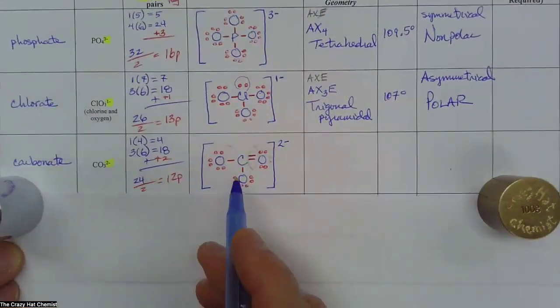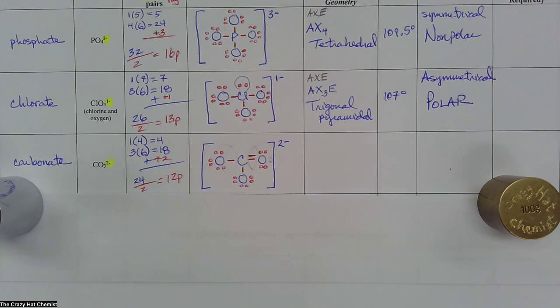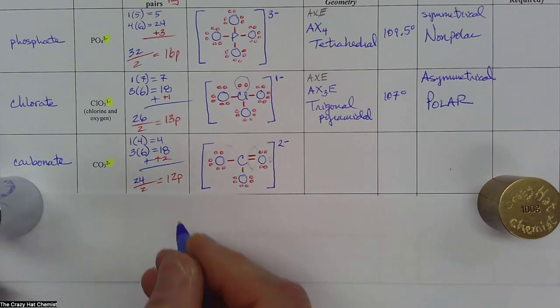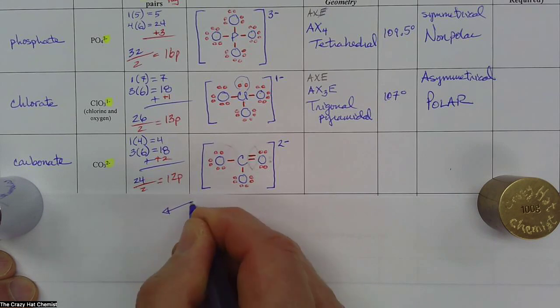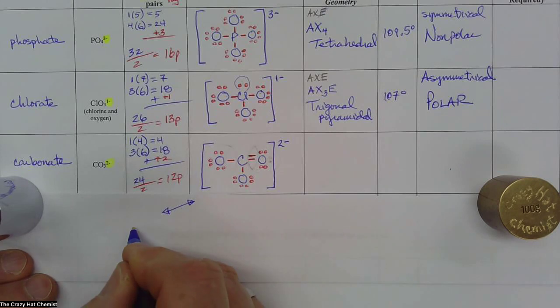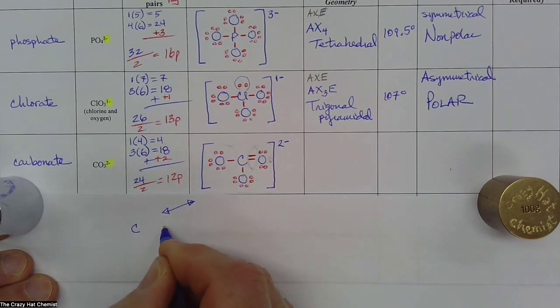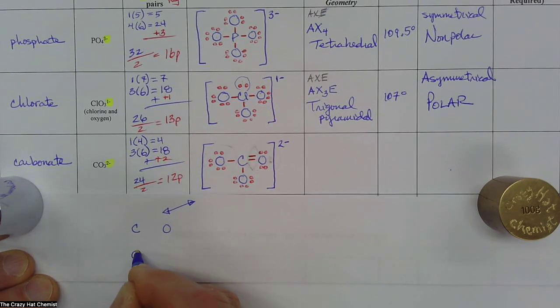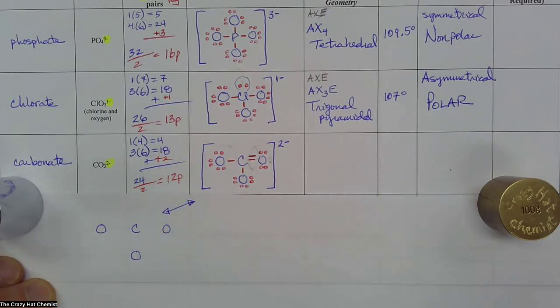So what I have here is correct, and I am going to do 2 more that are correct as well. So another option, I'm going to draw these double-headed arrows here. We have our central carbon, and our oxygens in the 3, 6, 9 o'clock positions.